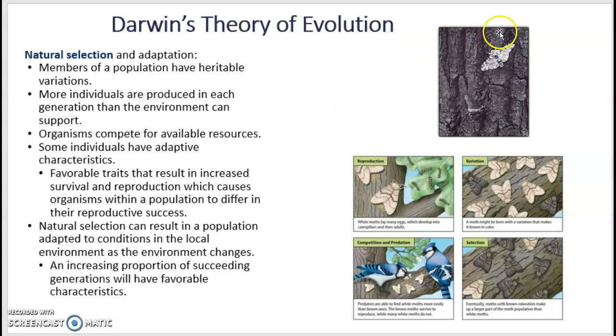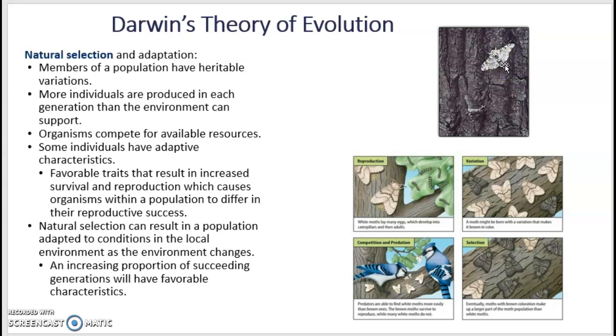So this is actually a famous example with these. These are called peppered moths. And before the Industrial Revolution, there were a whole lot of trees lining the streets, and they were a light-colored trunk. So with the light-colored trunk, these lighter moths actually had a favorable trait because they blended into the light-colored bark.